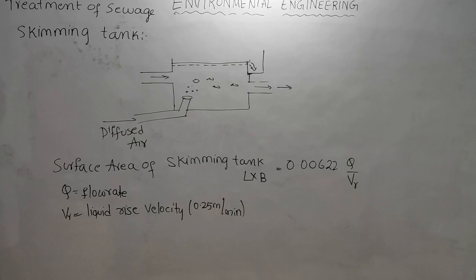After the skimming tank we use the primary treatment directly. Sometimes there will be another tank called the detritus tank, which is like a grit chamber. Some part of the grit is removed in the detritus tank and some part in the grit chamber. In the detritus tank we generally remove finer organic and inorganic particles which are non-biodegradable in nature.